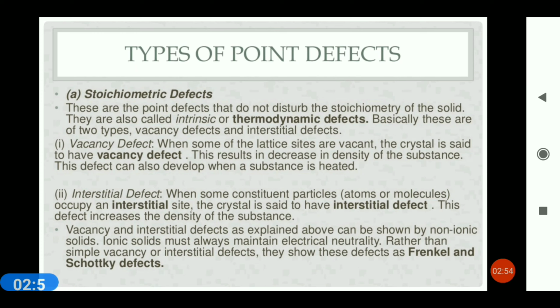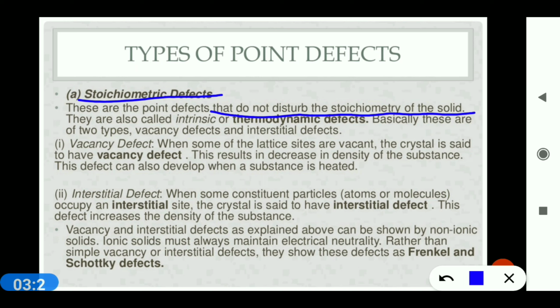Now, types of point defect. As I told you in the previous slide, stoichiometric, non-stoichiometric and impurity defect. So let's see the stoichiometric defects. When we talk about the stoichiometric defect, these are the point defects that do not disturb the stoichiometry of the solid.